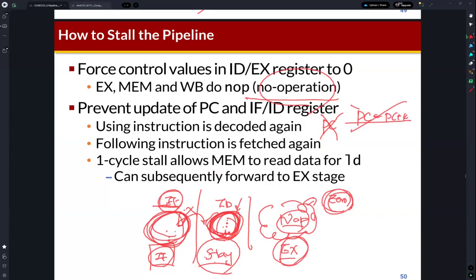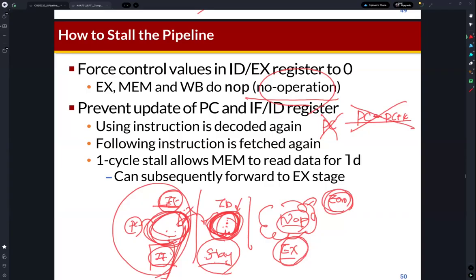But if we do not update the PC, then the PC value is the same. Which means the same instruction is read from the instruction memory, the same operation. So the instruction in the instruction fetch stage stays in the instruction fetch stage.